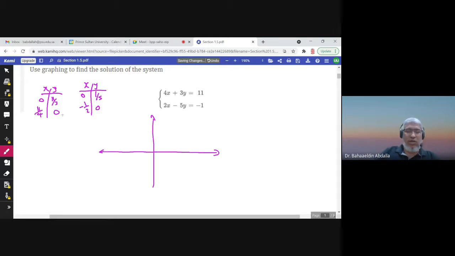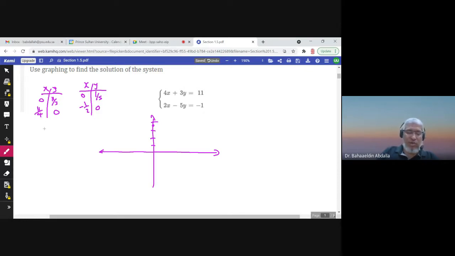You can approximate 11 over 3 by the calculator. So it's almost 3.7, okay? So 0 and 3.7, this is 1, 2, 3, 4. So this would be 11 over 3. That's the y-intercept of the first line.